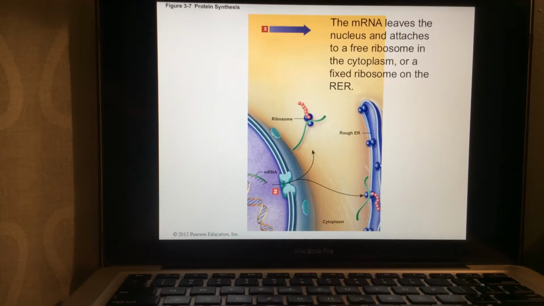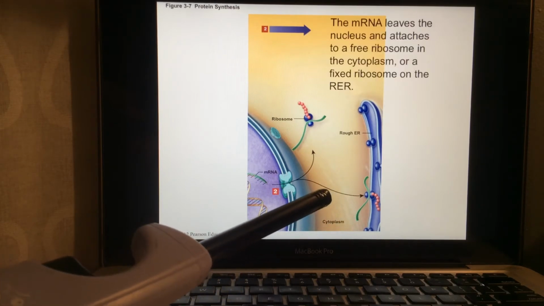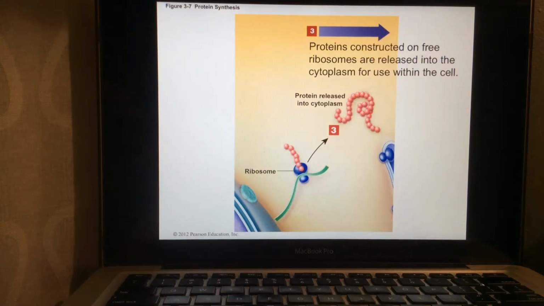So that message can go out and go on a free one or into the rough endoplasmic reticulum. All right, cool. Proteins are constructed on these ribosomes, and then they can release them out into the cell.